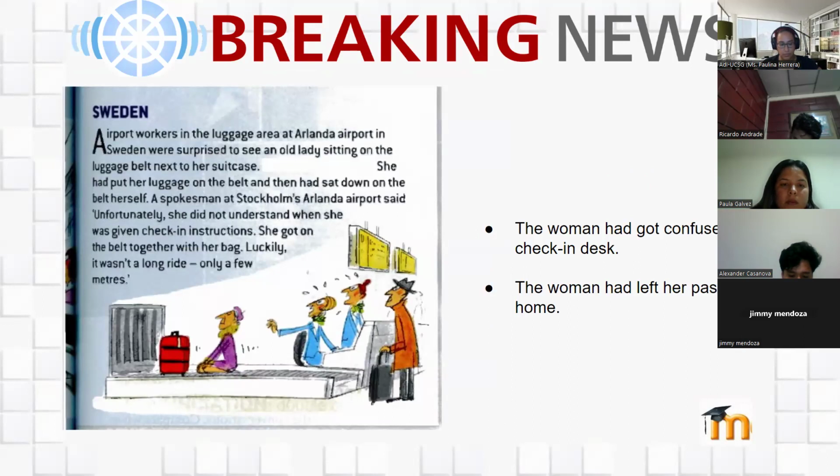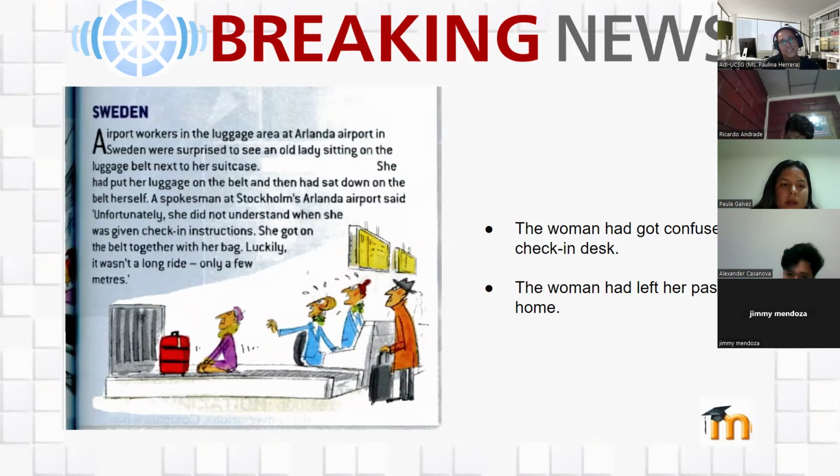She had put her luggage on the belt and then had sat down on the belt herself. A spokesman at Stockholm Arlanda Airport said, "Unfortunately, she did not understand when she was given checking instructions. She got on the belt together with her bag."